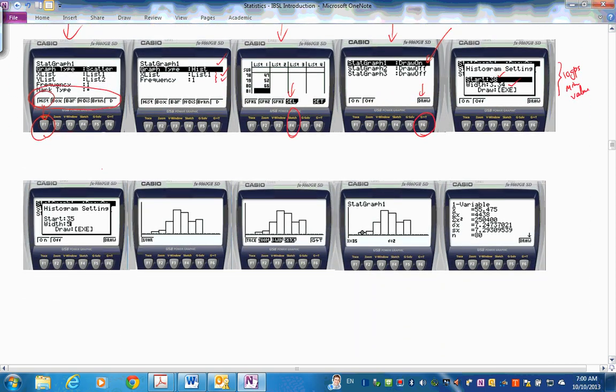So we'll just go down here and have a look. Here I've actually changed it to 35 as we did by hand, by scrolling down and highlighting and entering. So that was this button that's off the page here now. That scroll down button just down there, and then scroll down to width and change that to 5 and hit execute.